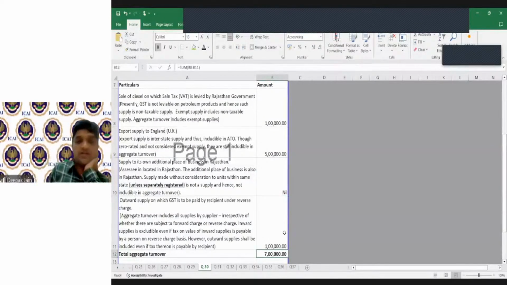Just 7 lakhs, not even 11. 7 lakhs. So should he take registration or no under GST?